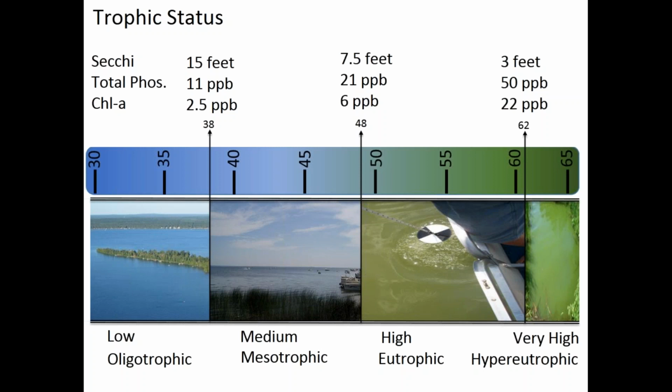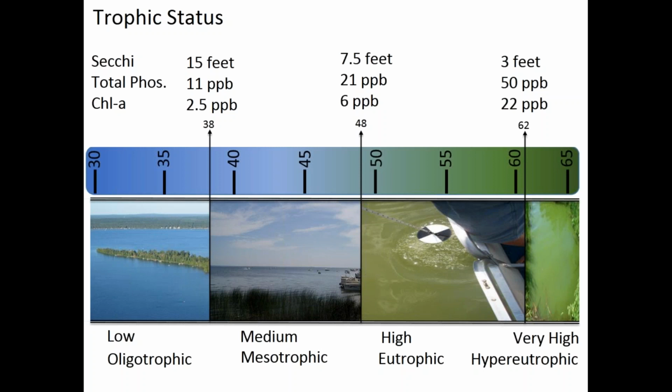So lakes get ranked according to these trophic categories. An oligotrophic lake means really low nutrients. It means high transparency, low chlorophyll. A eutrophic lake is a lake that is higher in nutrients.